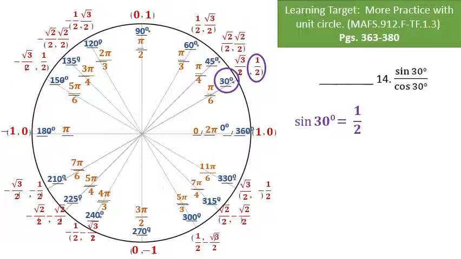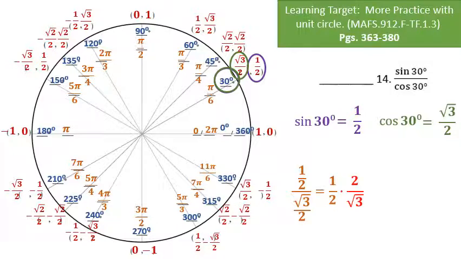Now let's do cosine by itself. It's the same angle, still 30 degrees, so I'm in the same place. But now that I'm looking at cosine, I'm looking at the x value. So that's square root of 3 over 2. What I need to do now is take the sine and divide it by the cosine. I'm going to take 1/2 and divide it by the square root of 3 over 2. That's a fraction over a fraction. That's crazy.